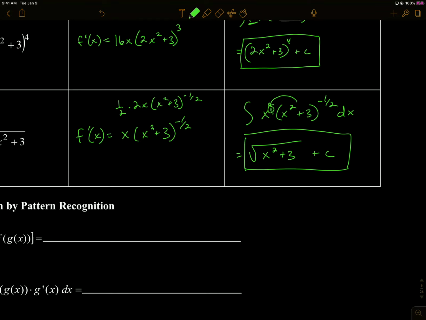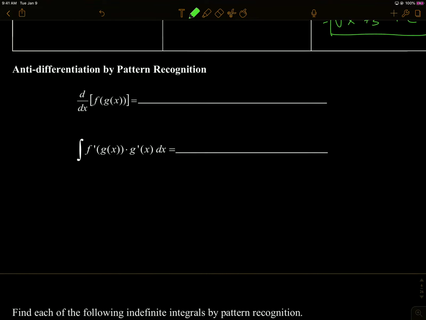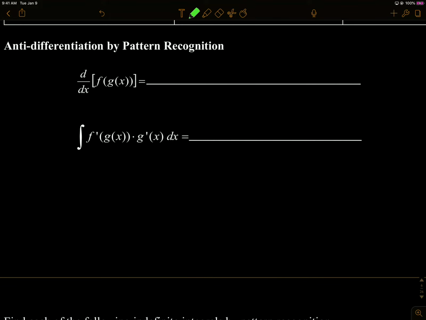So it's more about just the pattern recognition, seeing that when I have the integral, it looks like I have a composite function. Now, the f prime part is not important for the outer function when you're recognizing the pattern. It's really this g prime. This is easier to see, that the inner function and its derivative are right there. And if they differ by a constant, that's fine.